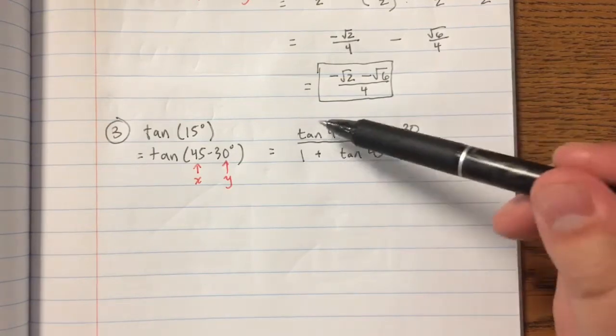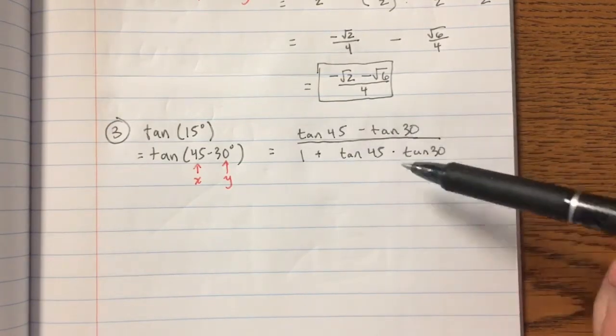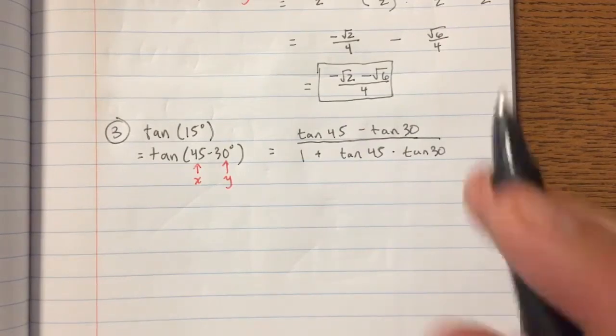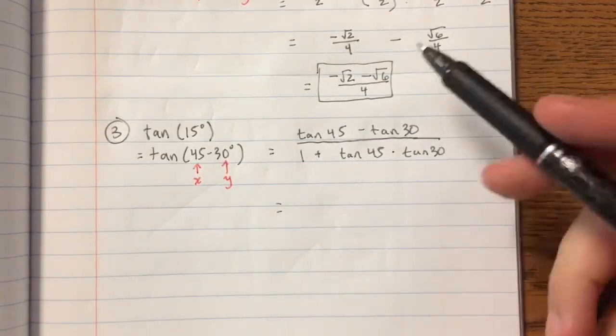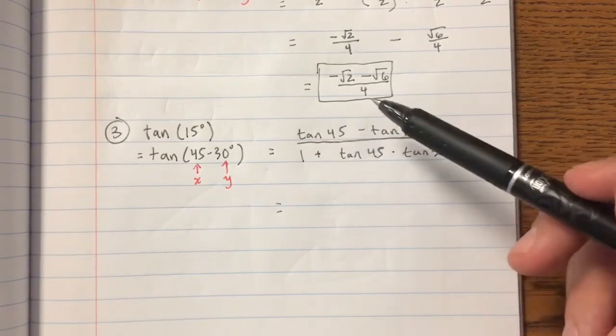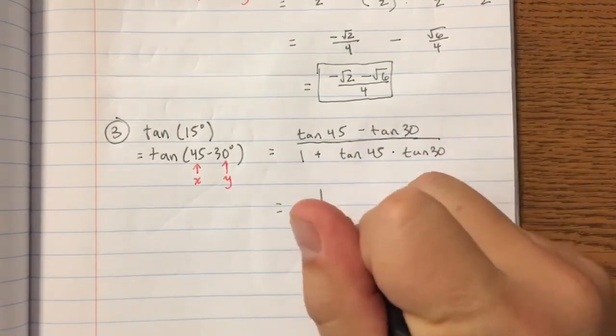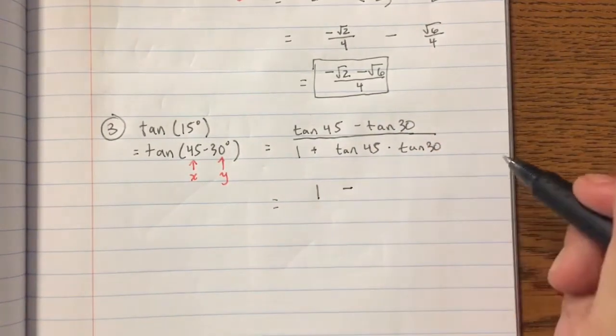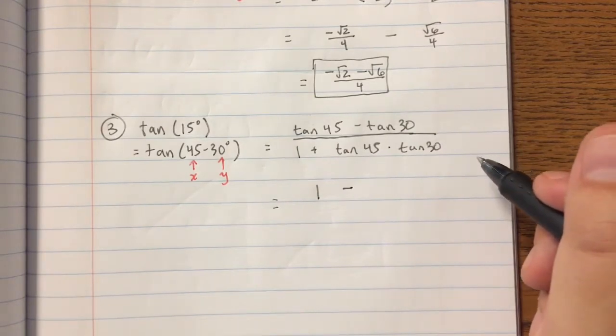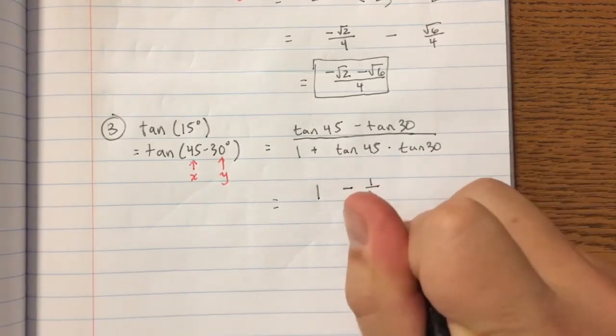So there's 4 instances of trig values that I'm going to find around the unit circle. Tangent of 45 is what? 1. Okay. Tangent of 30 is 1 over root 3.